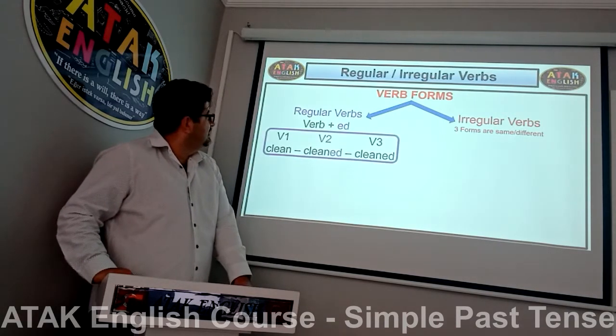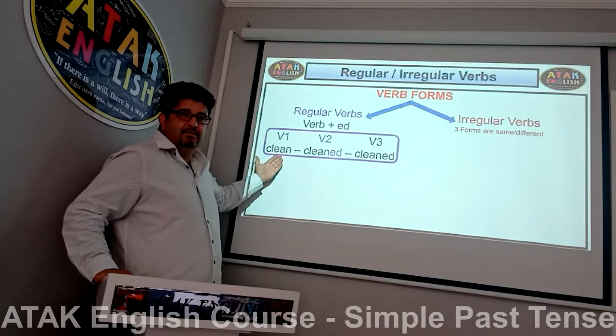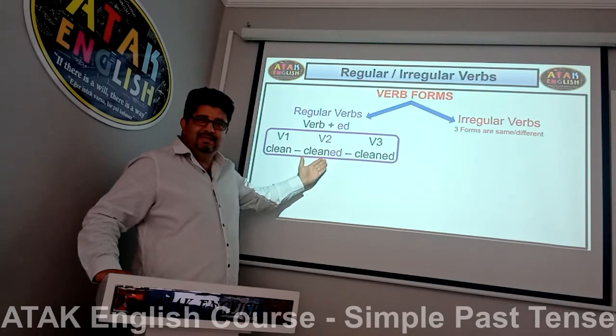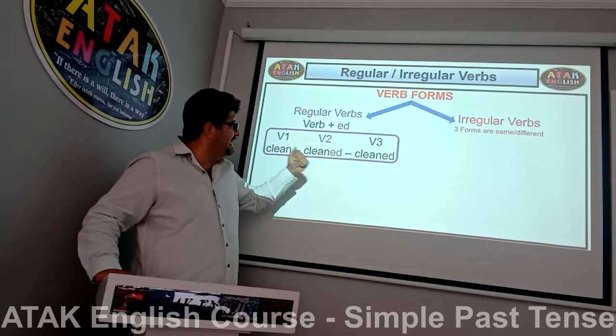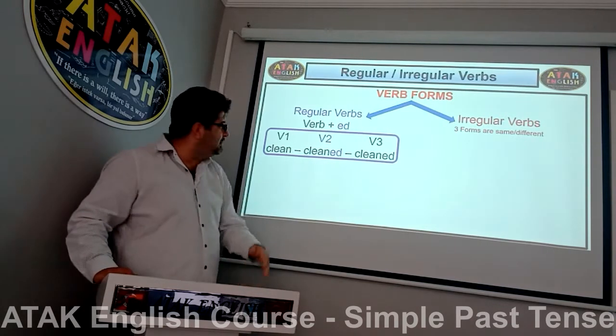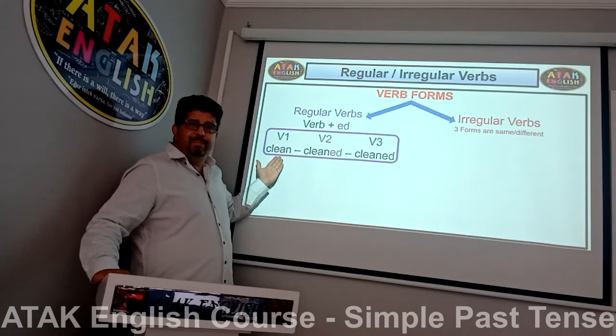Let's see regular verbs. Clean, verb 1 form. Cleaned, ed. We add ed at the end. And cleaned for verb 3 form too. So what exactly do we see here? Clean is our verb base form, verb 1 form.